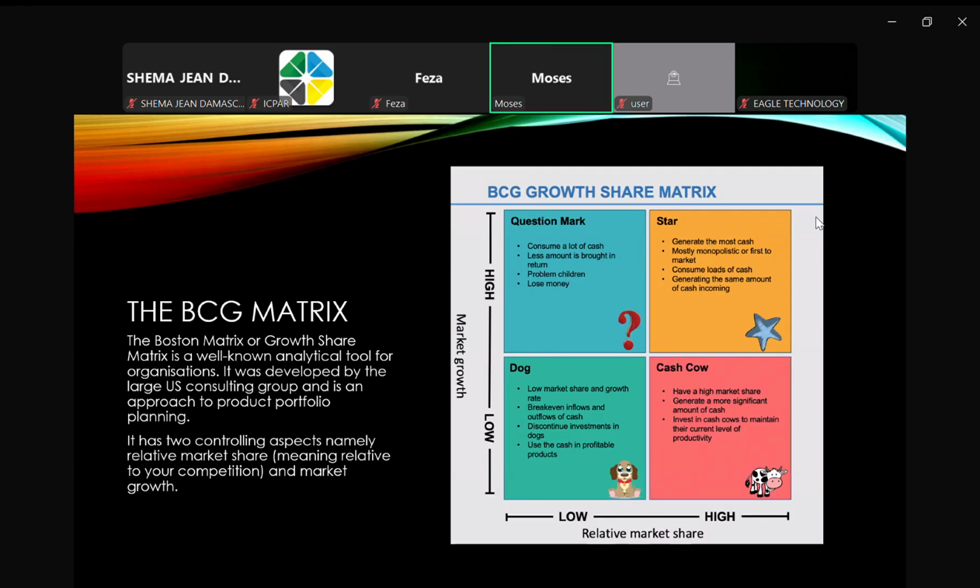It identifies 4 types of products or investments that a company may have, and gives advice on how to manage them and what kind of strategies a company should adopt for each product at every stage. Again, because of time, I'm not going to be able to explain this in detail, but the BCG matrix is one of the concepts that you should consider taking a look at.